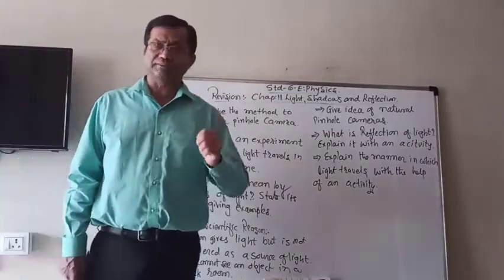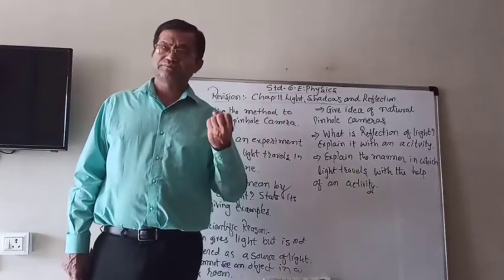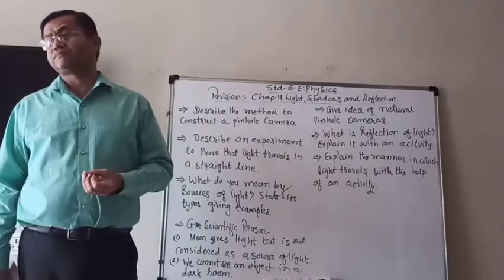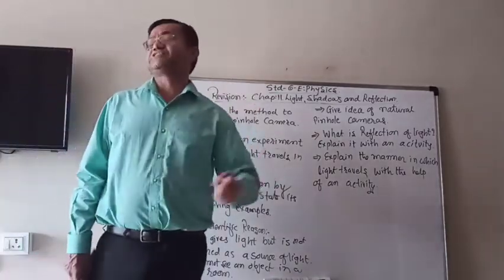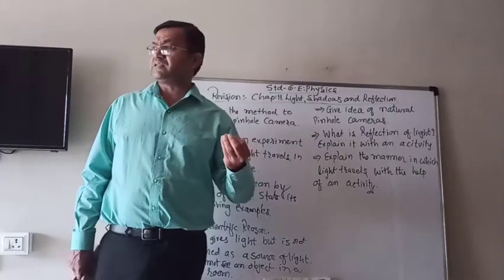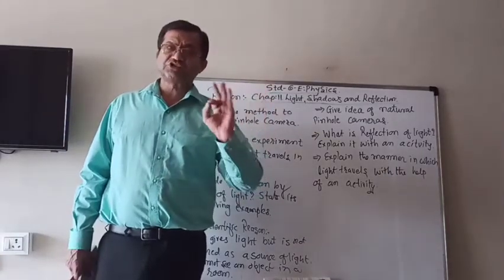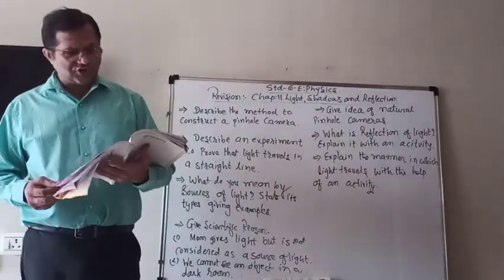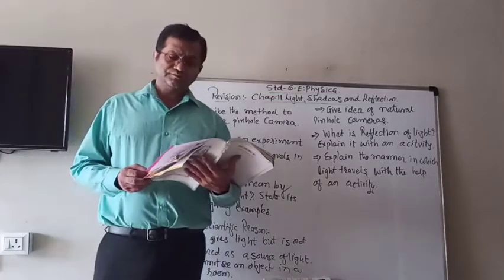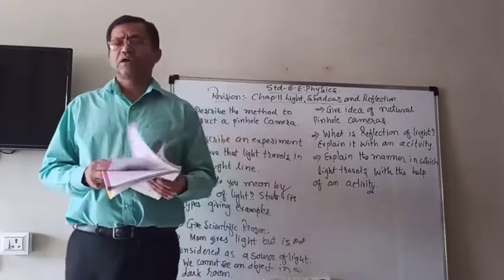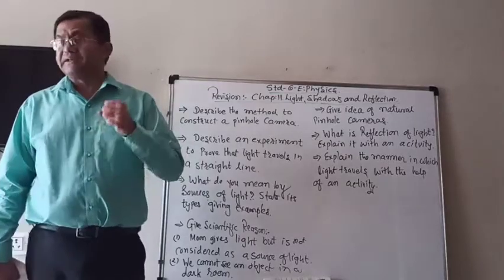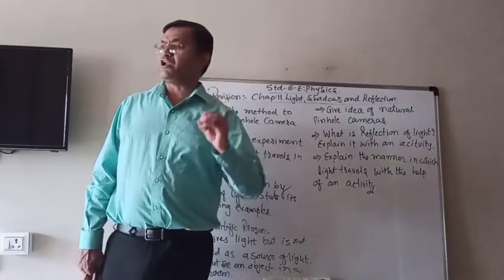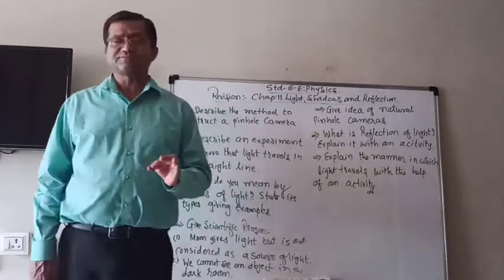Artificial sources of light are a bulb, a tube light, a candle, etc. And we saw that the shadow is of black color. It doesn't matter which color the object is, the shadow of the object is always black.